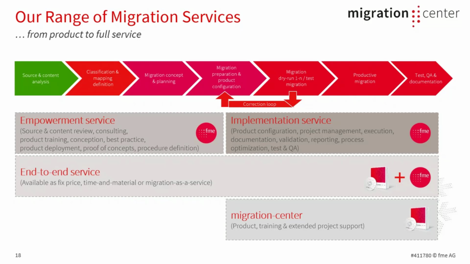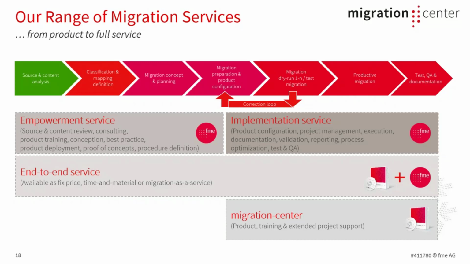Then we start with the migration preparation and the product configuration. This is definitely something we recommend to nearly all customers: to do several dry runs. Configure and prepare everything based on the concept, then do the first dry run and see if everything works as expected.